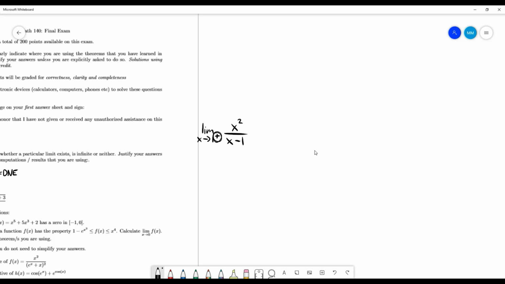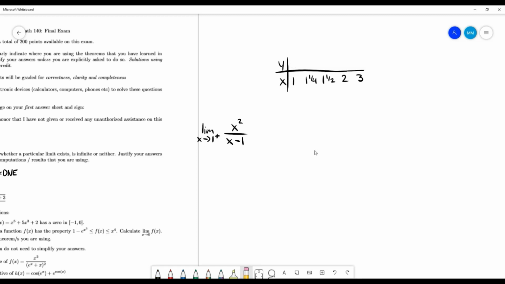But it doesn't matter if we plug that in and get something that doesn't work, because this is approaching from the right side. So again, we're going to want to try some values and take a look at what that's like. So approaching 1 from the right side, I know 1 is undefined. Let's go bigger. Let's go 1 1/4, 1 1/2, 2, and 3.